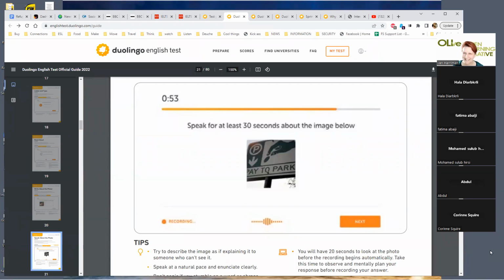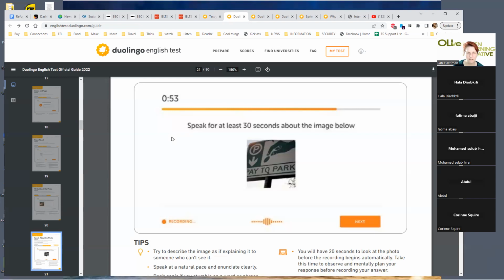Very good. So that's the idea. You want to say it's got the words pay to park at the bottom, an illustration of a hand dropping a coin, and letter P in a circle with an arrow pointing down to indicate where to pay. Really good. So all those details are what you're looking to say.